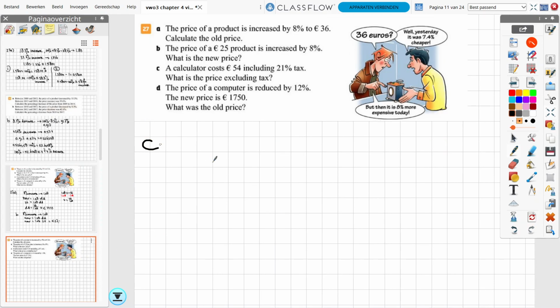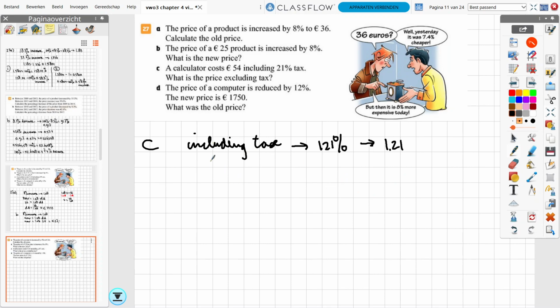C. Our calculator costs 54 euros including a 21% tax. What's the price excluding tax? Okay, so including tax, that means that without tax the price is 100%, so including tax it's 121%. That gives me a multiplication factor of 1.21.